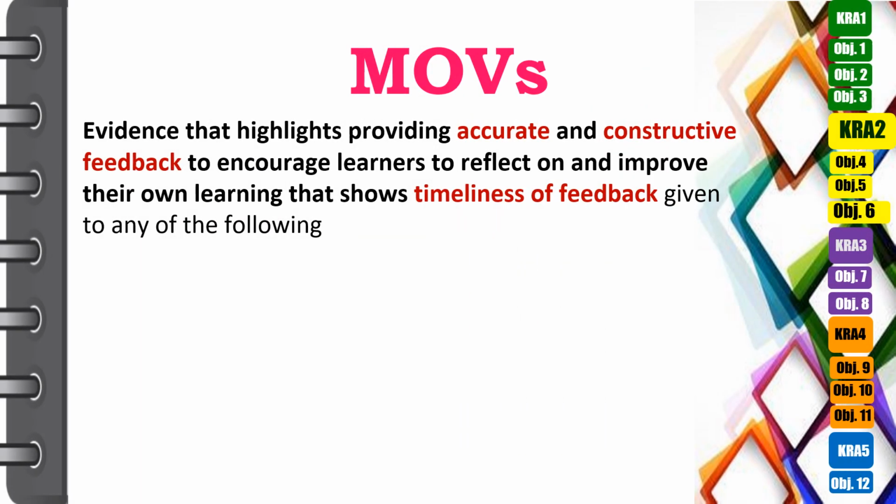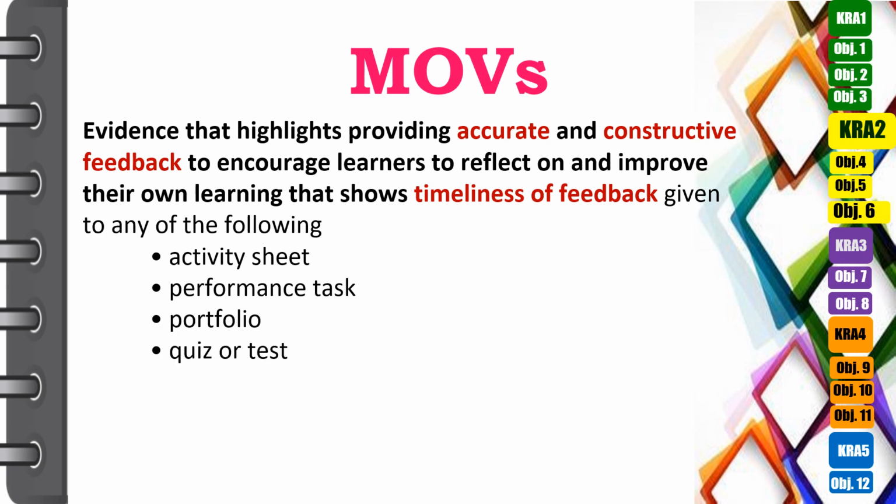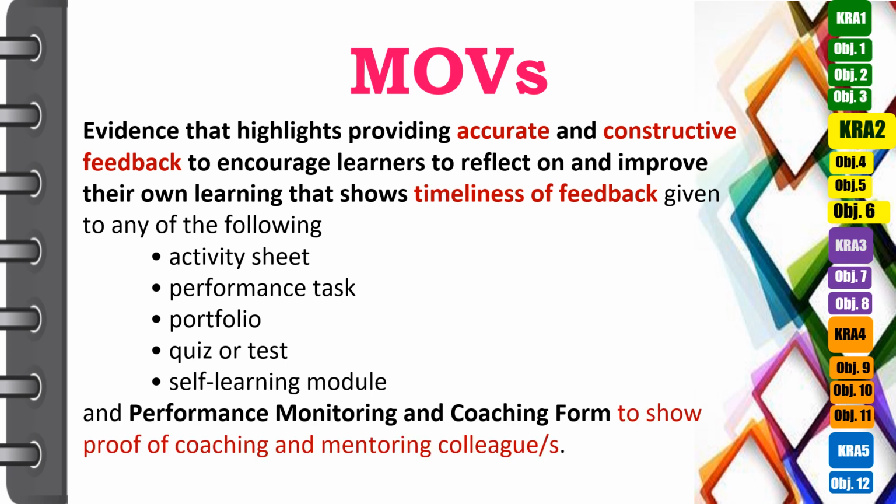For Objective 6, you need 2 MOVs, evidence that highlights providing accurate and constructive feedback to encourage learners to reflect on and improve their own learning that shows timeliness of feedback given to any of the following: activity sheet, performance task, portfolio, quiz or test, SLM, and performance monitoring and coaching form to show proof of coaching and mentoring colleagues.